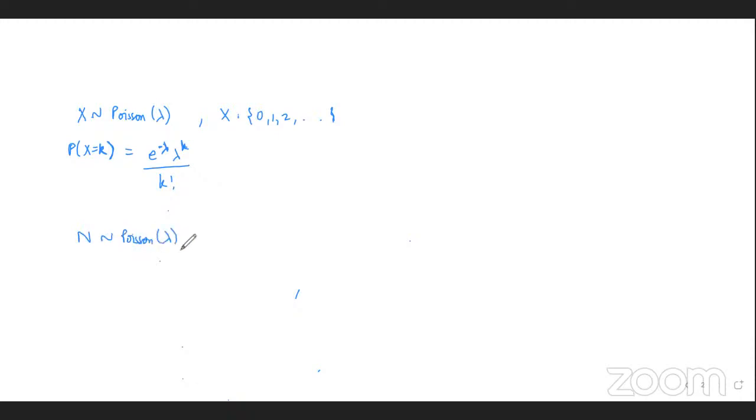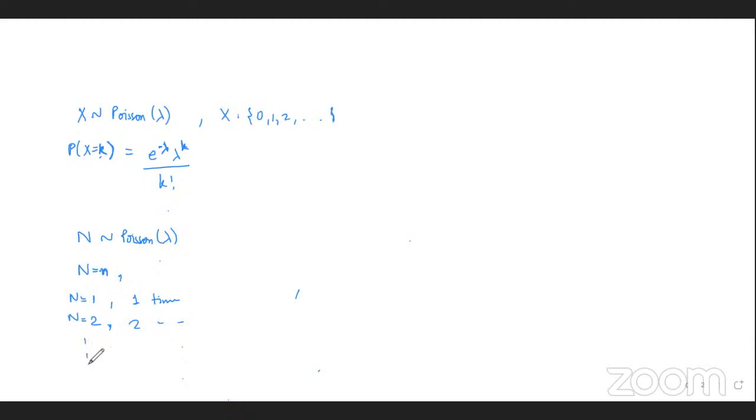Now, given a particular value of N, let's say N is taking the value n, same as X taking the value k, you toss a coin n times. If N equals 1, you toss the coin 1 time. If N equals 2, you toss the coin 2 times, and so on.